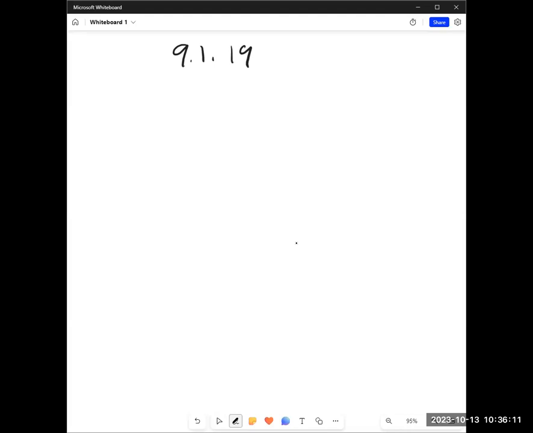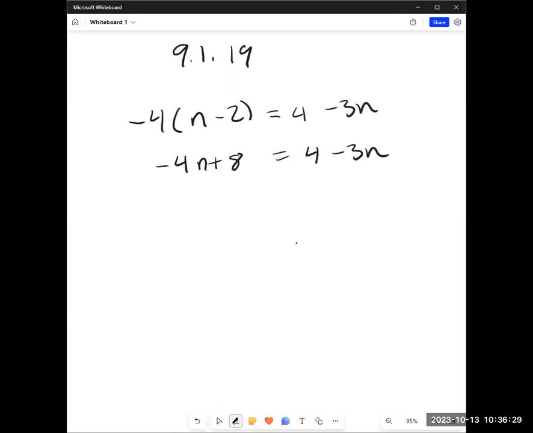So still the same idea, but we need to do some simplification first. We're going to use our distributive property on the left-hand side to simplify it, and the right-hand side separately, before we start trying to solve.